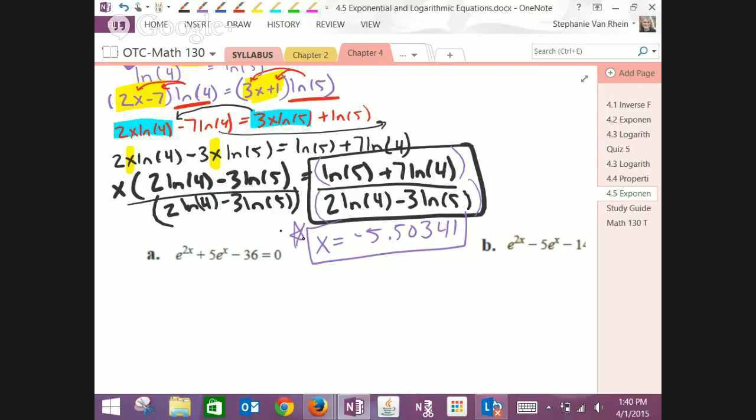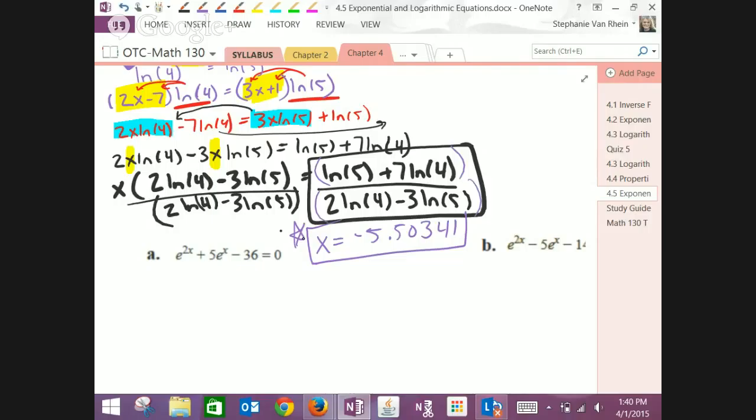Didn't get it? Graphing calculators will do that all the time. ln of 5 plus 7 ln of 4, right? Divided by the same thing. They're all in one.